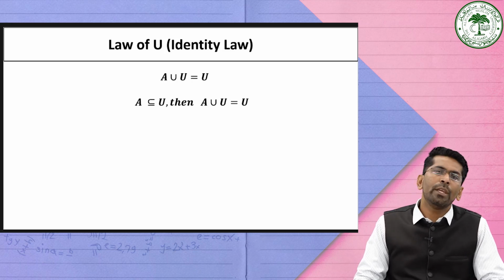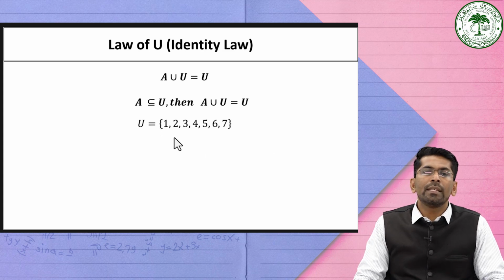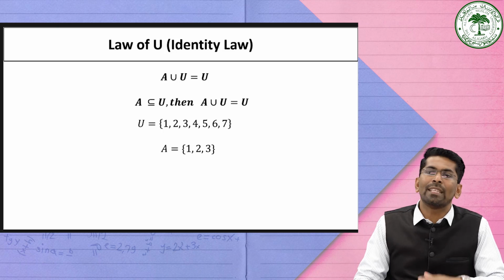We can prove it by using an example. We have a given universal set U equal to {1, 2, 3, 4, 5, 6, 7}, and the set A is equal to {1, 2, 3}. Then the identity law for union states that the union of any set with the universal set is equal to the universal set itself.